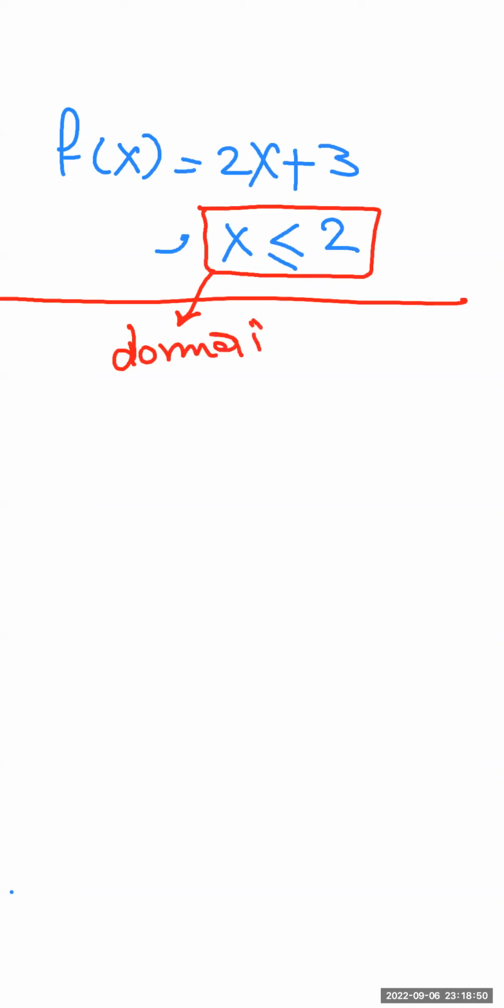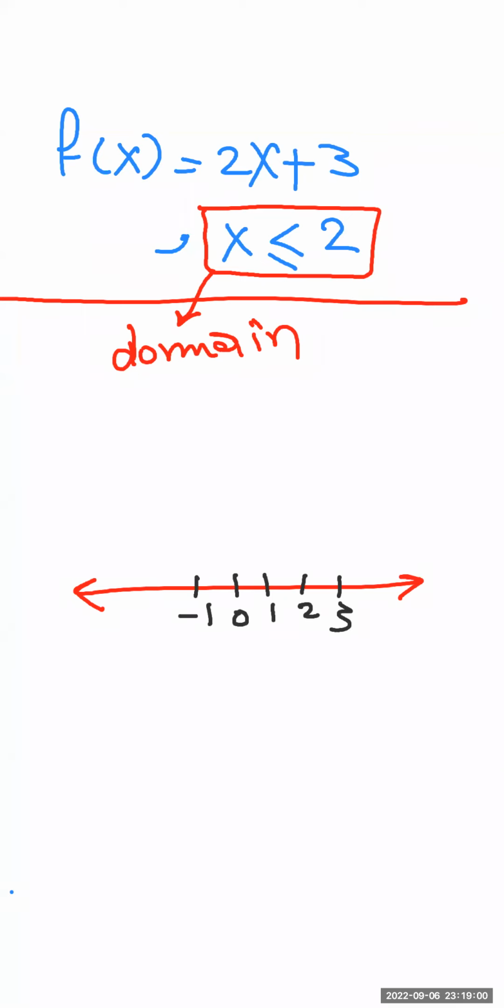Now, check on the number line to understand this point. If this point is 0, 1, 2, 3, and here -1, -2, -3, therefore x smaller than or equal to 2 means it starts from this point and goes smaller than this point, towards negative infinity.